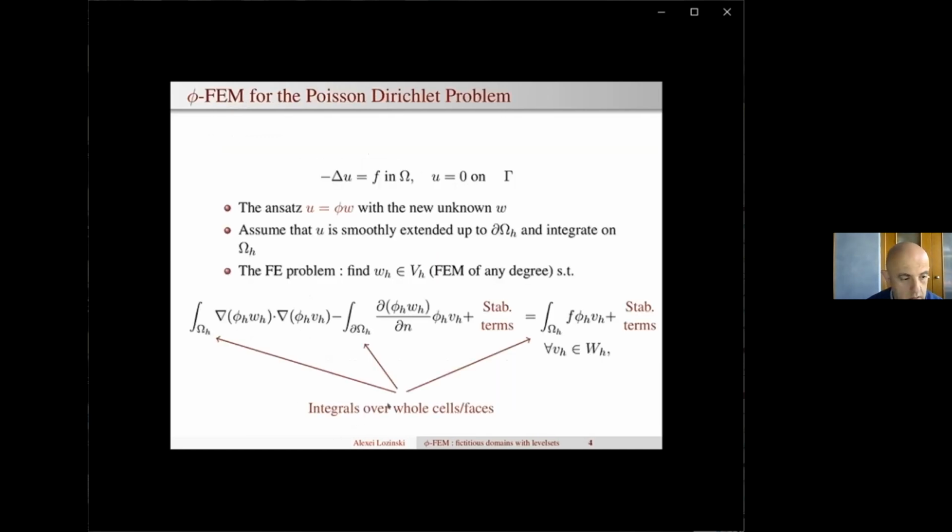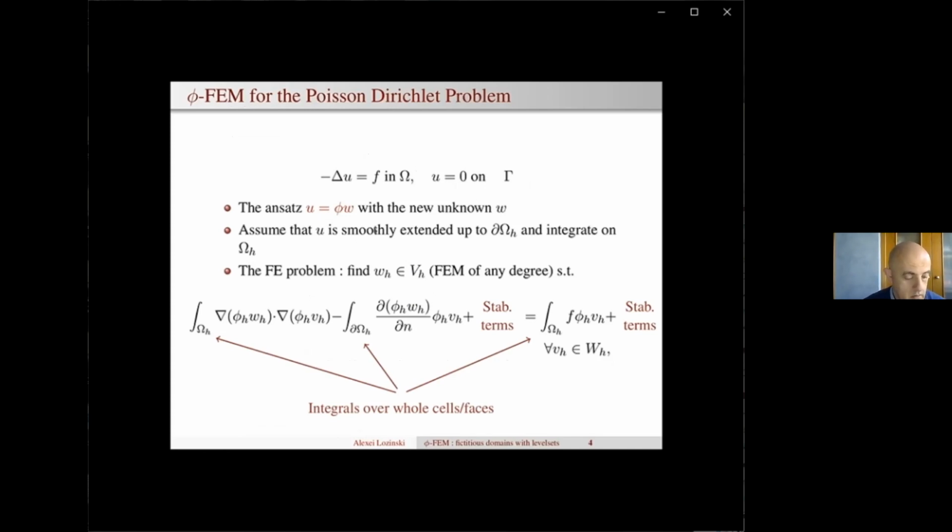So here is how it works for Poisson problem with Dirichlet boundary conditions. We don't work directly with the primary unknown u. Rather, we introduce the new unknown w, and the ansatz u equals phi times w. So u automatically vanishes on gamma since phi is 0 there.